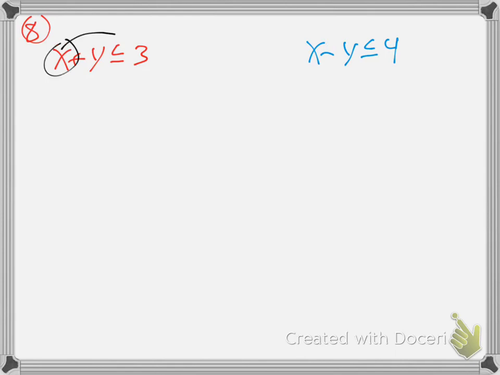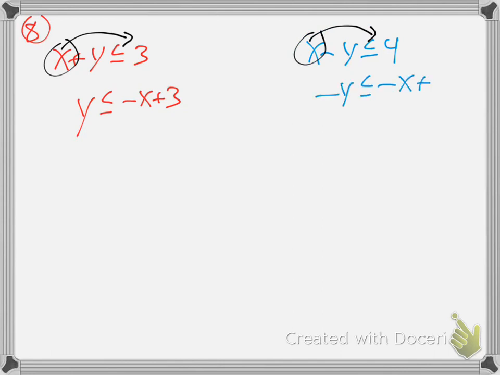I'm just going to grab that x and jump it over. Like that. For the other one, I'm going to also grab that x and jump it over. But then I have one more step to get y alone. I've got to divide through by -1, don't I?